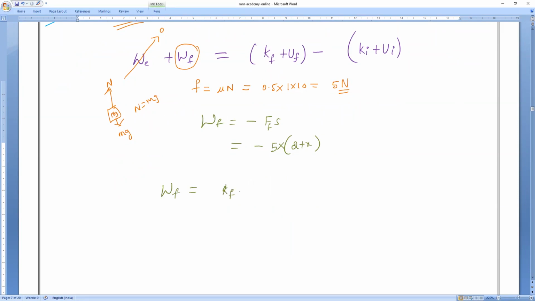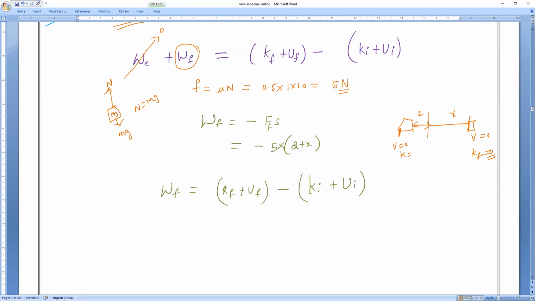Final kinetic energy plus final potential energy minus initial kinetic energy plus initial potential energy. The body has already come to rest; the maximum distance of 2 meters plus x meters has already been traveled. So the final velocity is 0, and the final kinetic energy is 0. Initially the body is at rest, velocity is 0, so the initial kinetic energy is also 0.